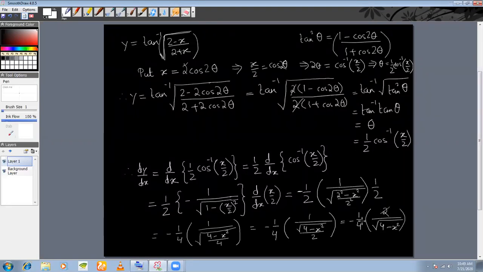So this cancels: 2 into 2 is 4, and 4 divided by 2... so this is minus half into 1 by square root 4 minus x square. This is your answer. Or you can write this as minus 1 by 2 root 4 minus x square.